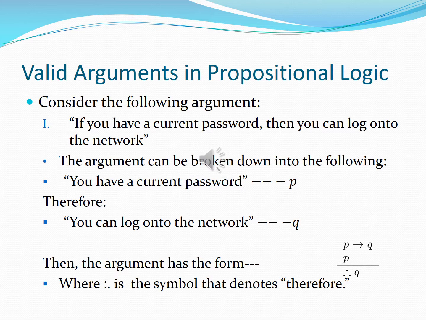Let's call that Q. Then we can write the argument symbolically as follows. If P, then Q, or we can just write it as P on the top of the line, therefore Q.